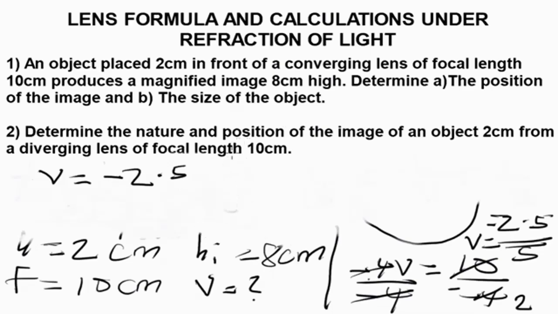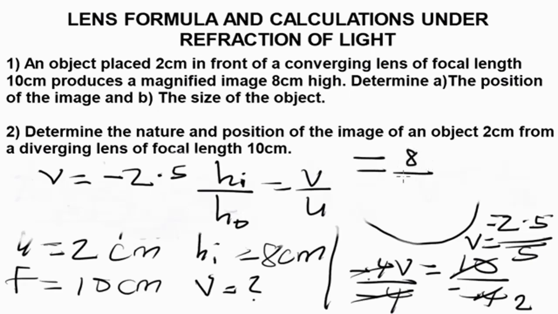We're going to apply hi, the image height, over object height equals image distance over object distance. So when you substitute the values, remember we have our image height to be 8 over, so we don't have the object height. The object height is what we're looking for, the size of the object, so it is unknown.